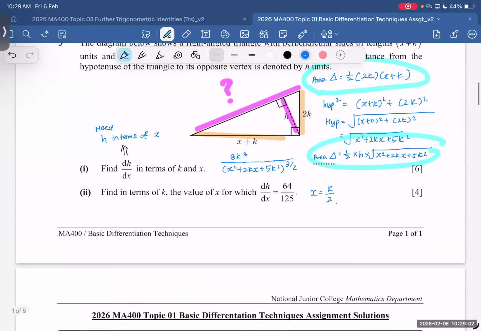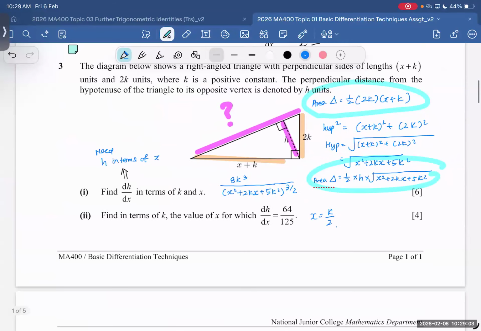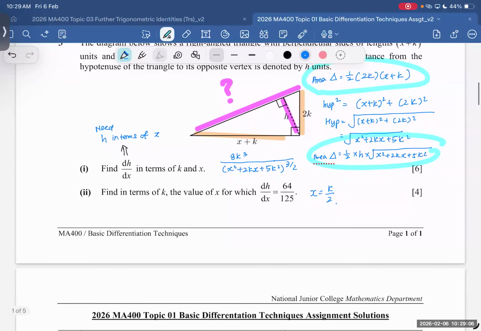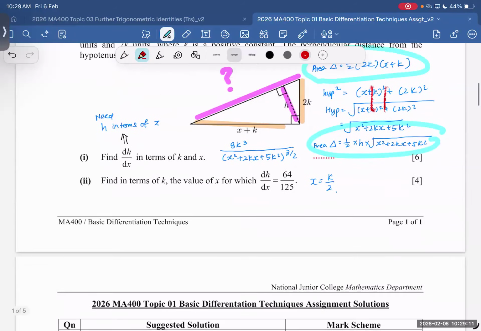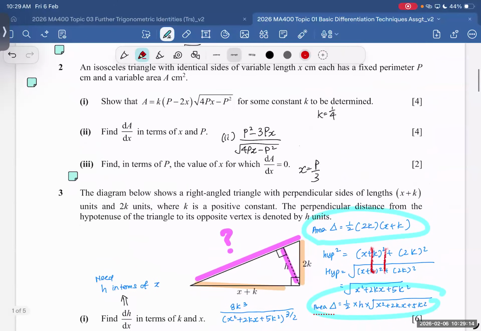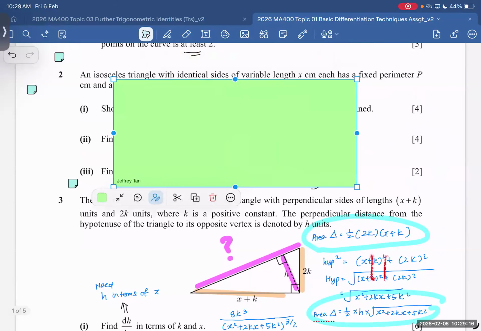Okay, so now if I equate these two, this is what I'm going to do now. I'm going to equate the two of them. I go down, I draw a diagram on top.